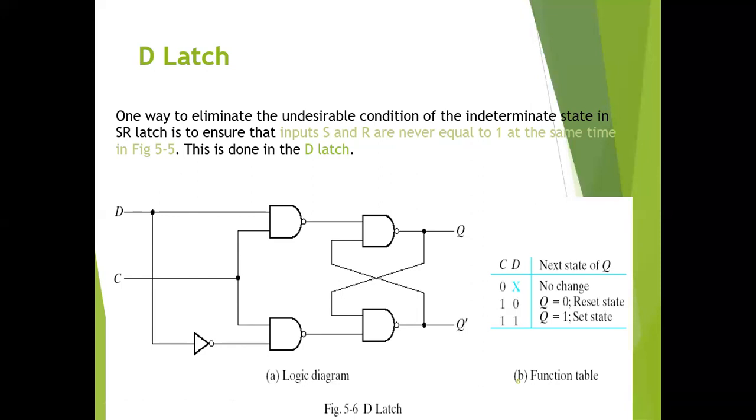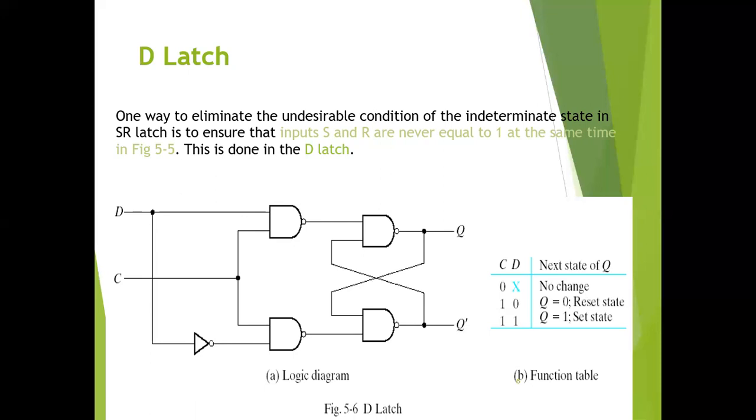When D is equal to 1, after enabling the circuit by giving the enable input or control input a value of 1, the Q output goes high, or equals 1, placing the circuit in the set state.